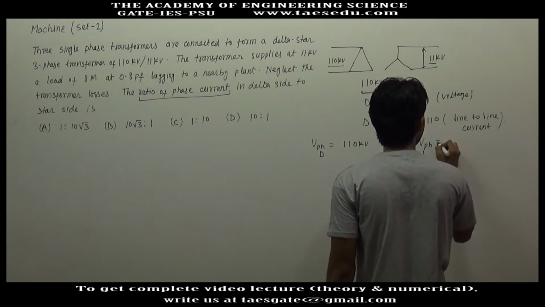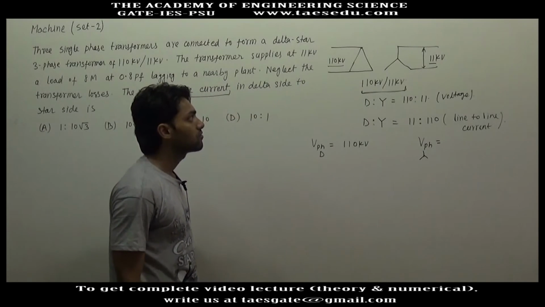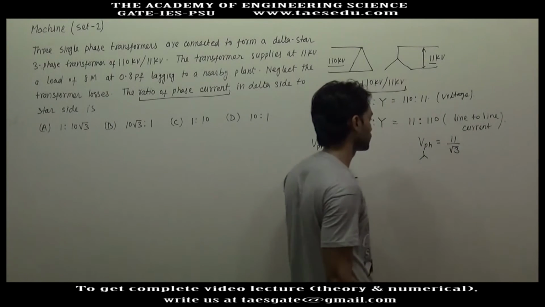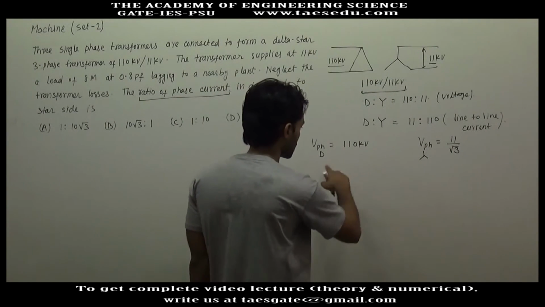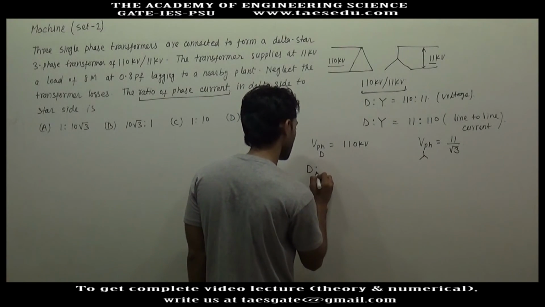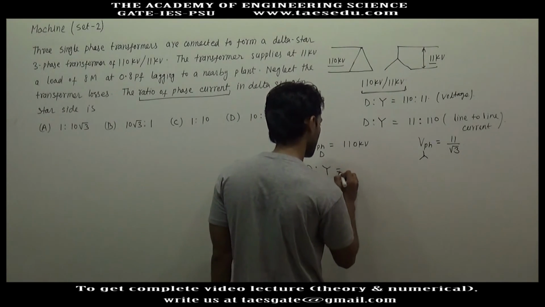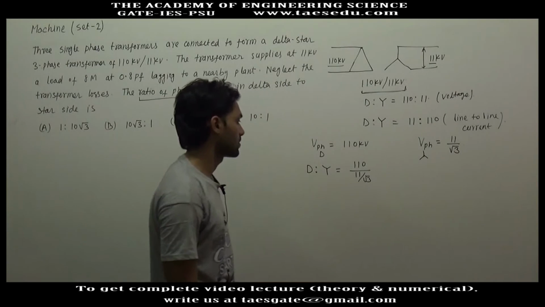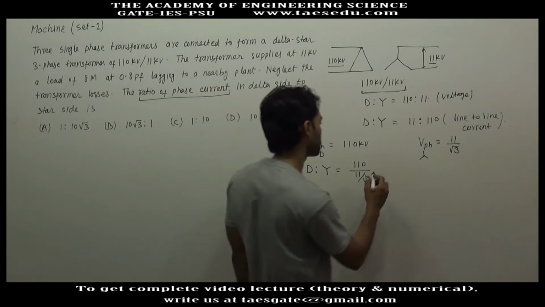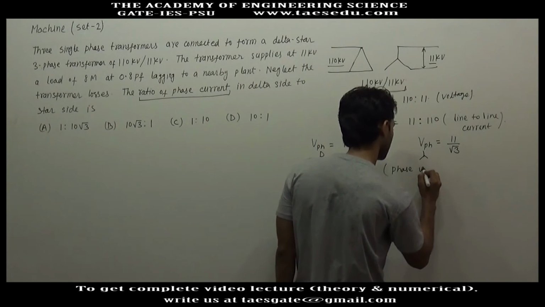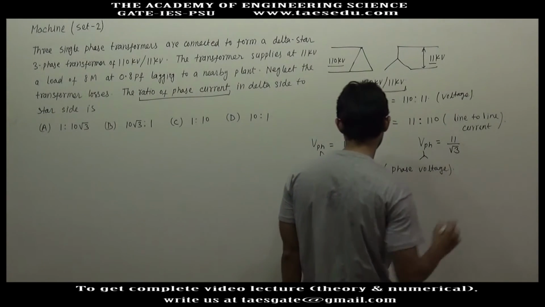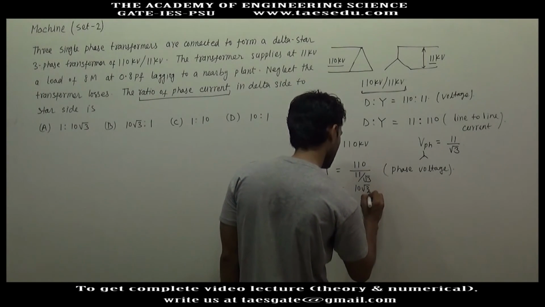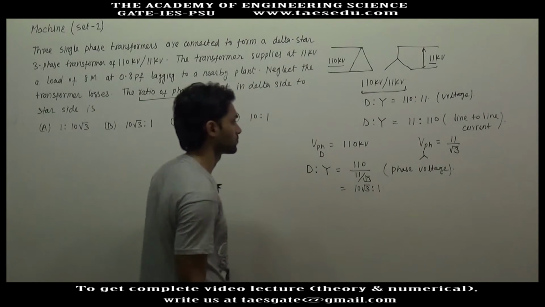Then what will be the phase voltage on a star side? The phase voltage is 1 by root 3 times of line to line voltage. This will be 11 divided by root 3. So what is this voltage ratio? Delta to star, this is equal to 110 divided by 11 by root 3, and this is ratio of which quantity? Phase voltage. This is 10 root 3 ratio 1.